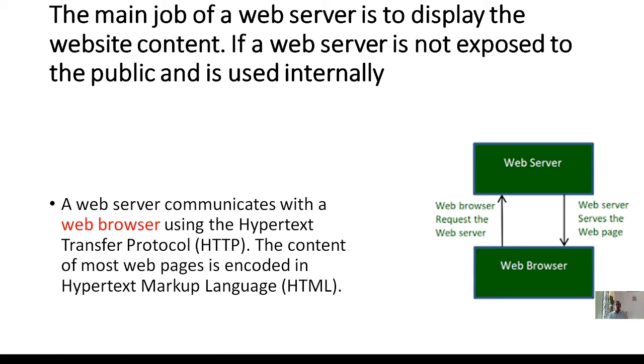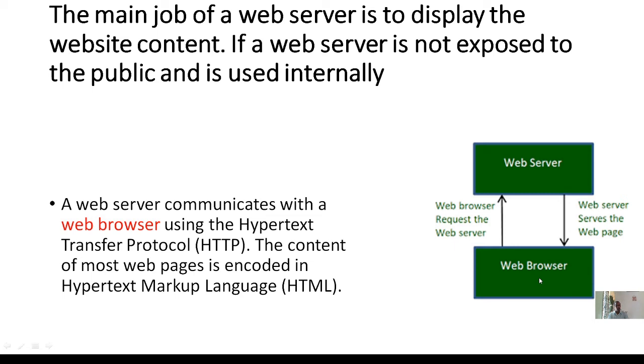Then how is this website content displayed? It is displayed using web browsers. A web server communicates with a web browser using a protocol called Hypertext Transfer Protocol. There is a new term, web browser. What is the use of a web browser?